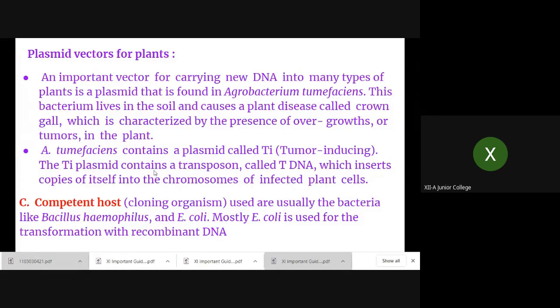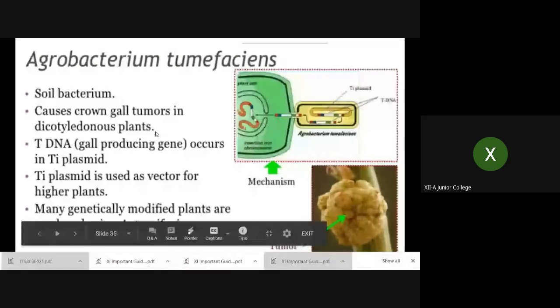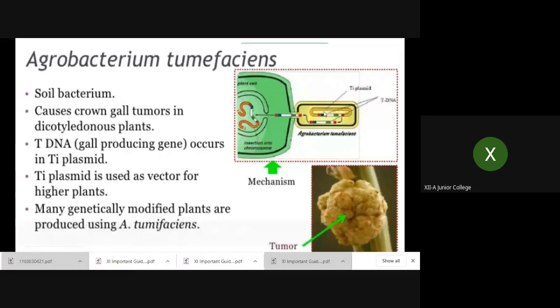Now I will show you this diagram. In the diagram you can see this is the Agrobacterium tumefaciens when it infects the plant cell. This is the T-DNA region shown here from this plasmid.